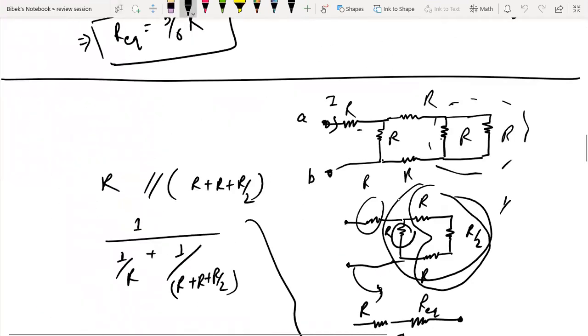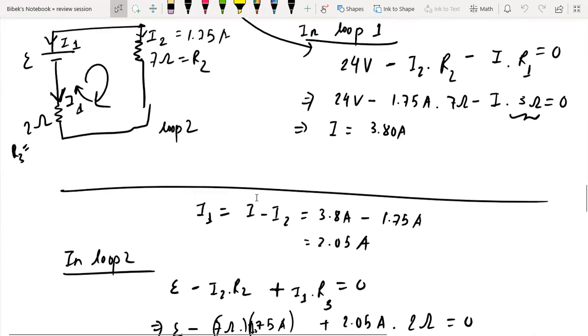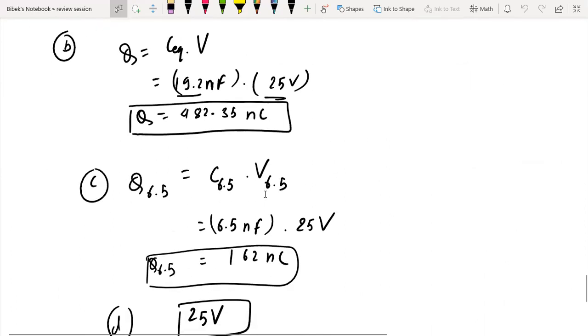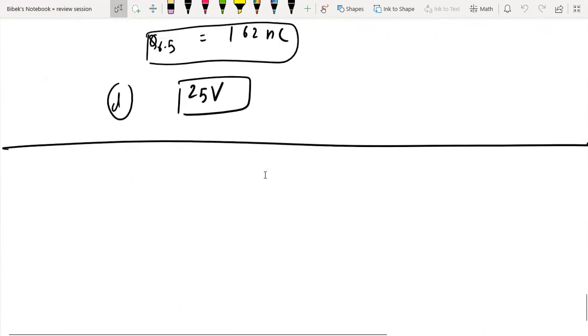Here it is only the resistor, but if I replace this part with capacitance, then it will be the identical circuit. So all you need to do is find the equivalent capacitance when there is capacitance and equivalent resistance when you have resistors. Okay, that's how you do it. And the same concept, the potential drop will be similar if it's in parallel, and different if it's in series. That's how you do question 6.